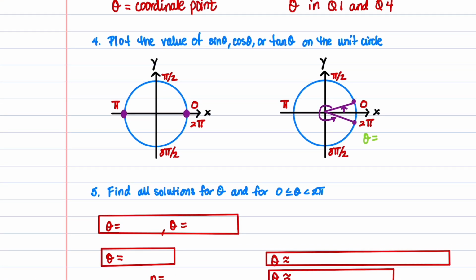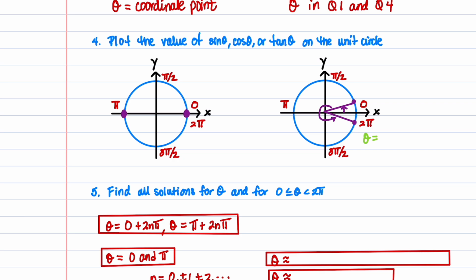This gives us that theta is going to be 0 plus 2n pi, and then theta will be pi plus 2n pi. Between 0 and up to 2 pi, this gives us values of 0 and pi. And we remind ourselves that n is 0, plus or minus 1, plus or minus 2.